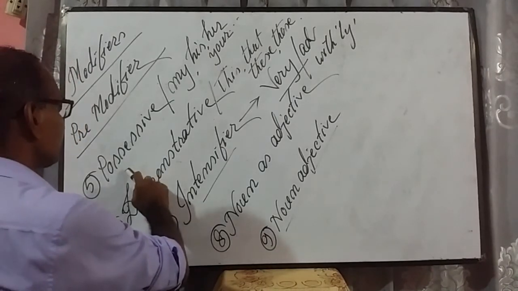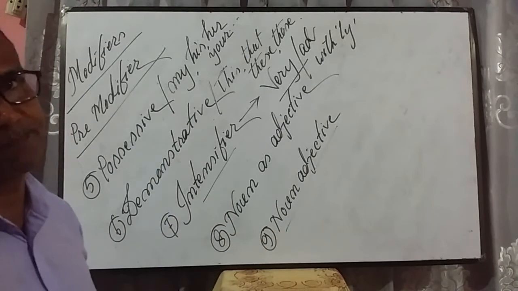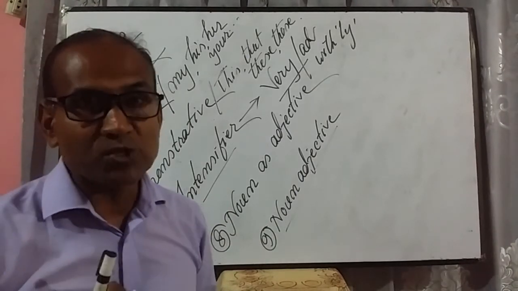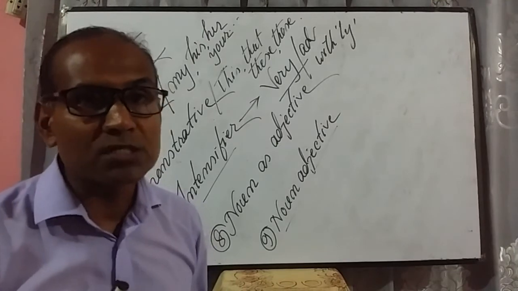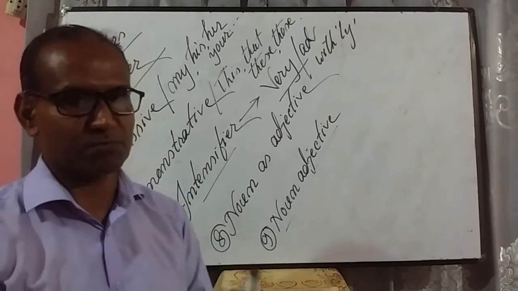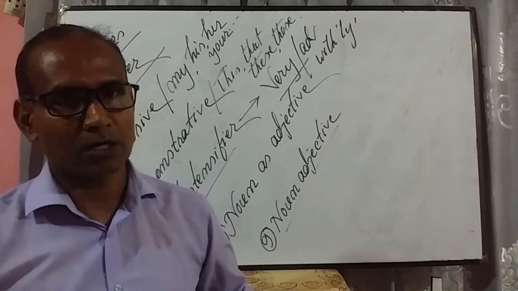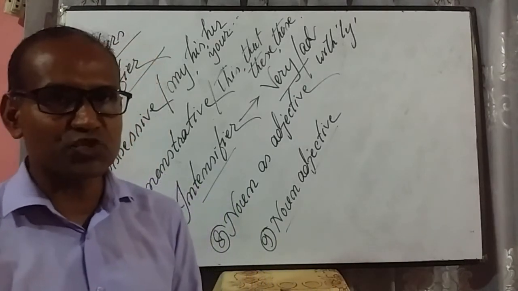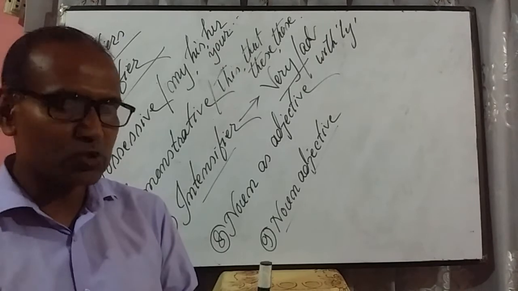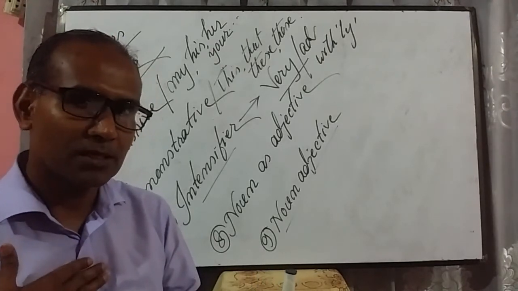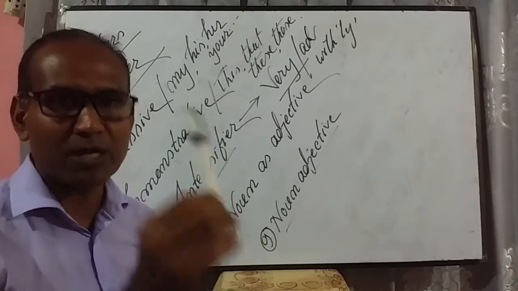Possessive. What do you mean by possessive? Possessive means to possess something, to own something. Like, this is my pen. That is your book. Here, I am giving stress by using my. That means this pen belongs to me. That's why this is my pen.